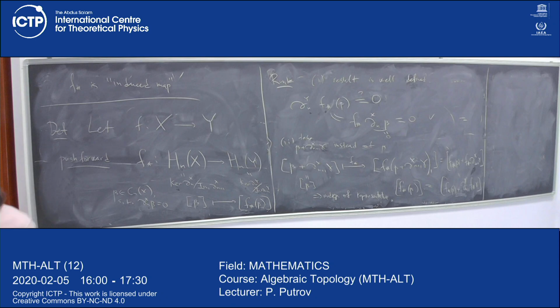Questions? Why is the F sharp of 0 equal to 0? F sharp of 0 equals 0 because F sharp is a homomorphism on abelian groups.